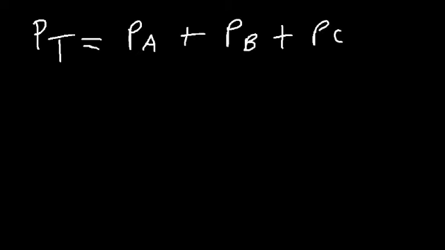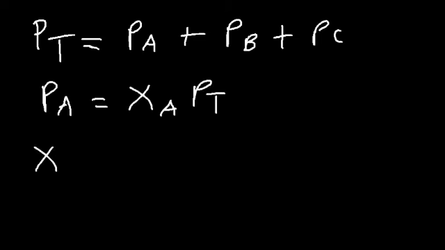Now you can also calculate the partial pressure of a gas if you know the mole fraction. For example, the partial pressure of substance A is equal to the mole fraction of that substance times the total pressure. And you can calculate the mole fraction by taking the moles of substance A divided by the total moles within a container.